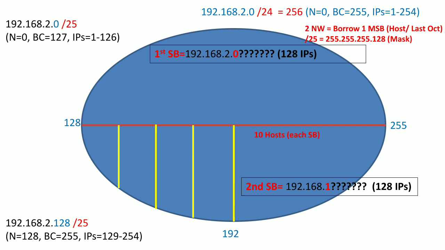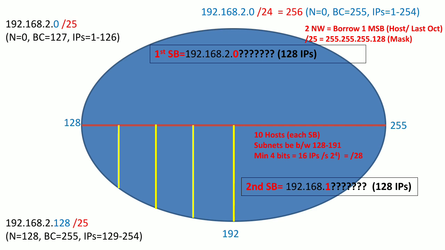So for example, we need 10 hosts in each of these additional 4 subnets, and the subnets should be between 128 to 191, and therefore we require a minimum of 4 bits from the host portion. Earlier this 128 subnet was using only the most significant bit, that is only 1 bit from the leftmost side in the host portion.